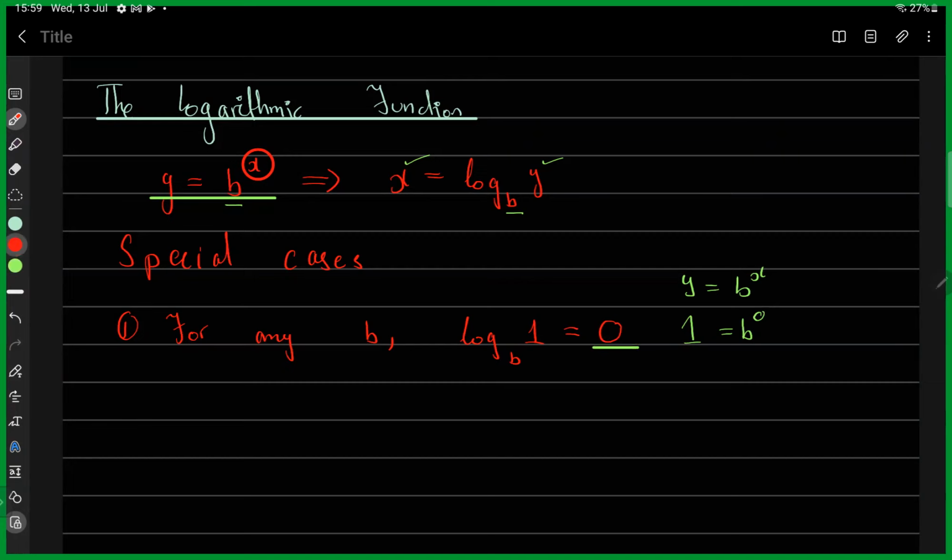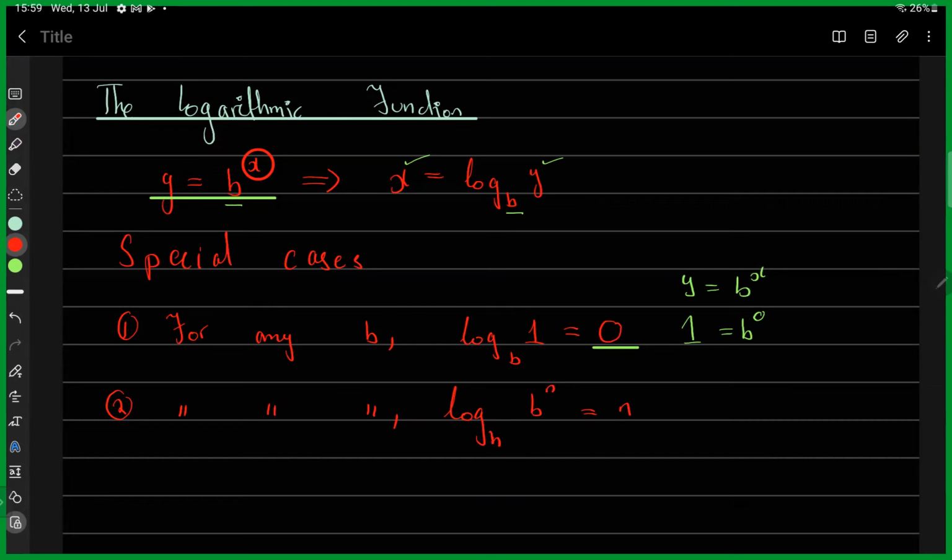And if I talk about another scenario, again, for any value of b, log base b of b power n is going to give you n. Okay, why is it like that? Now you guys are coming from the AS and then O levels, so you would be knowing this is b.